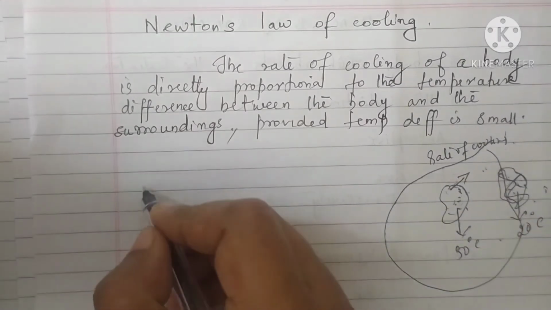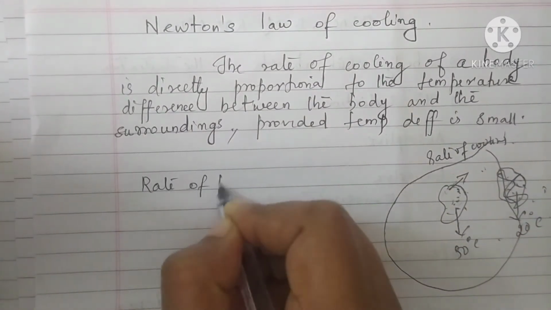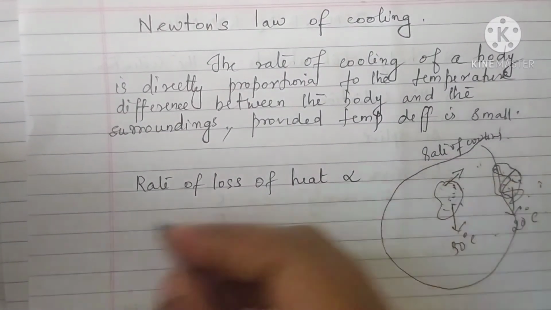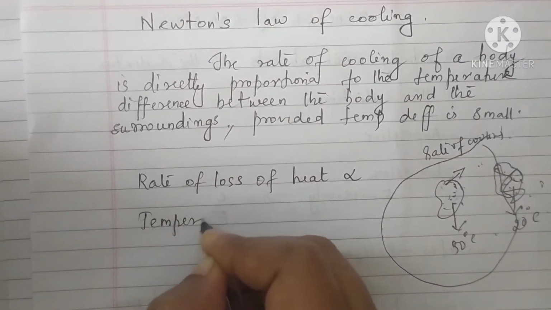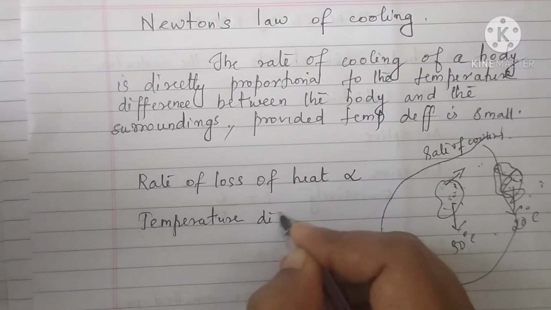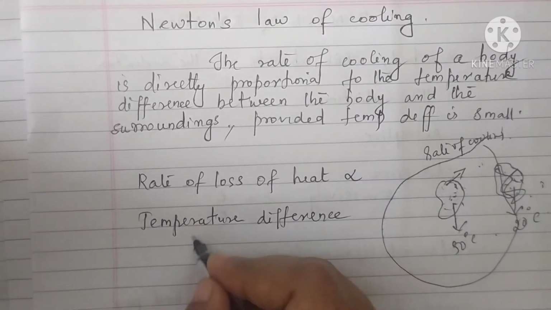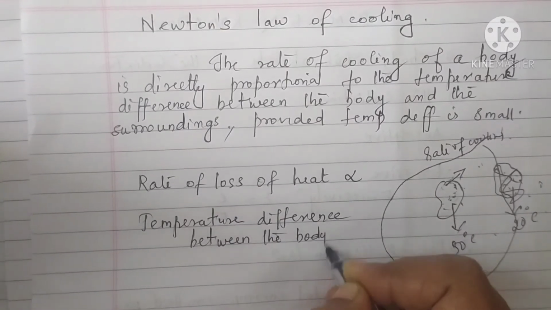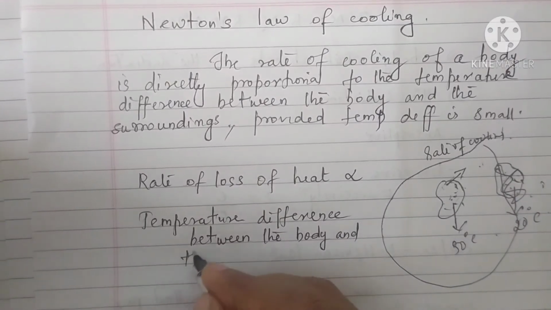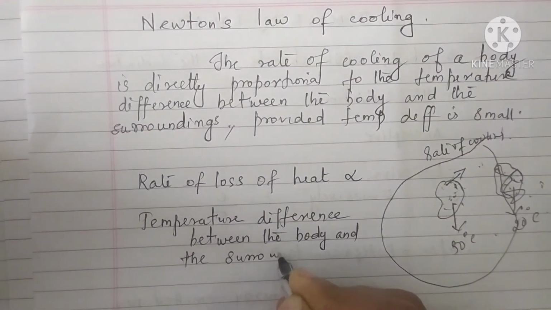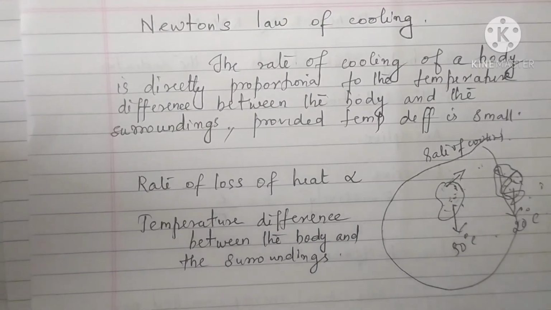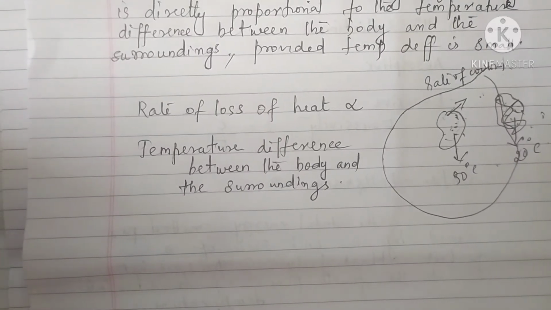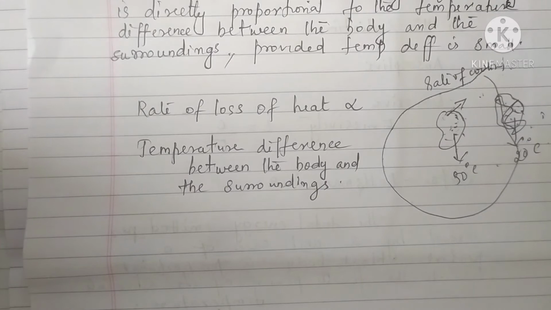So you can say that the rate of loss of heat is directly proportional to the temperature difference between the body and the surroundings. This is called Newton's law of cooling.